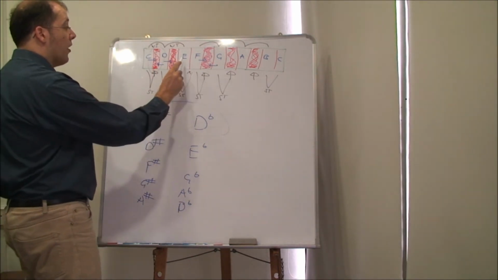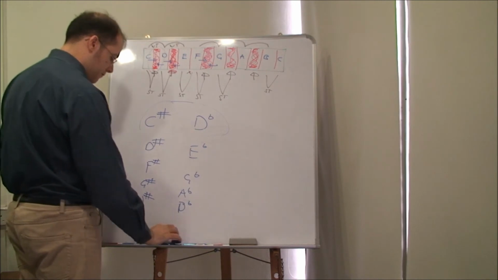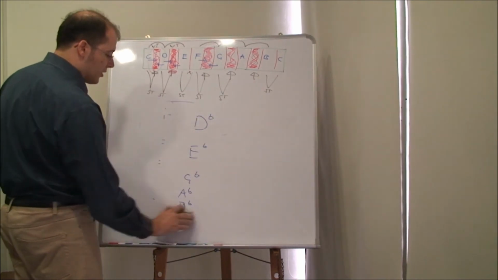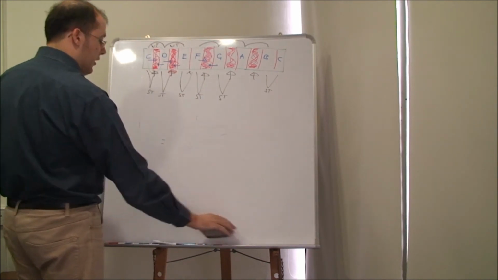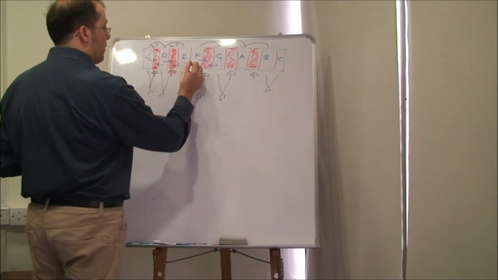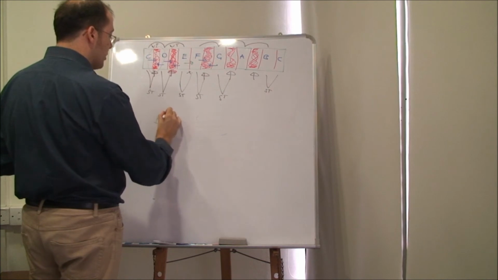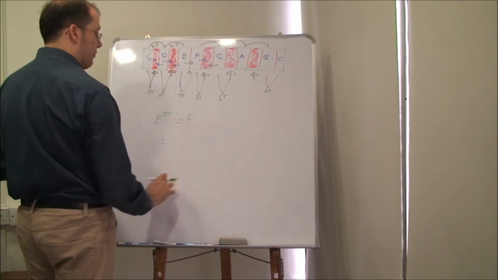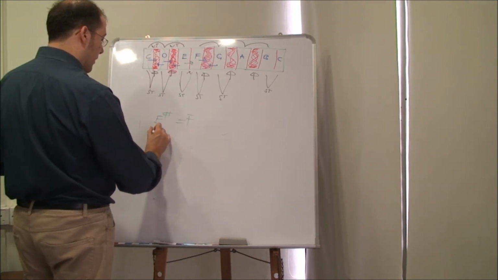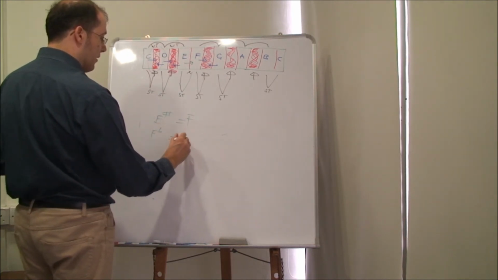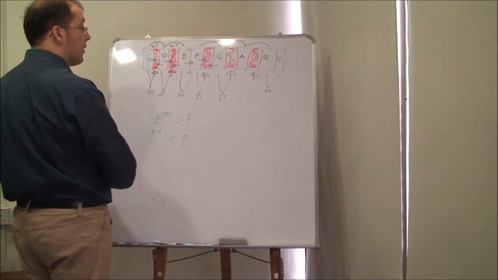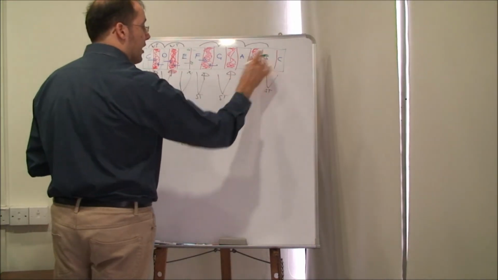So, what about an E sharp? Again, we just work with the same principle. An E sharp will be there. So E sharp is the same as F. And F flat is the same as E. And again, the same thing applies here.